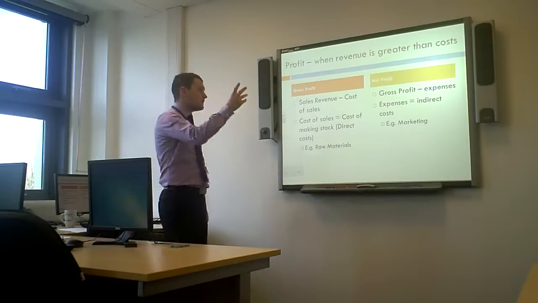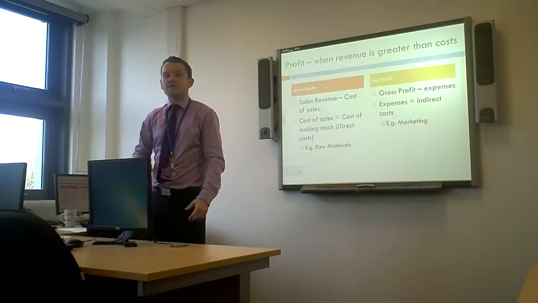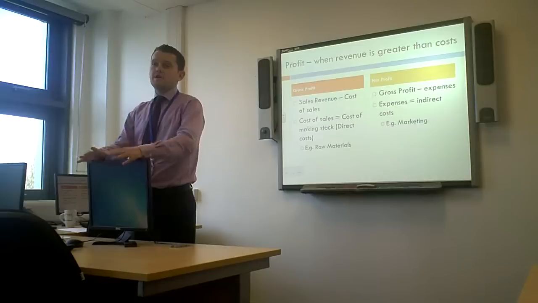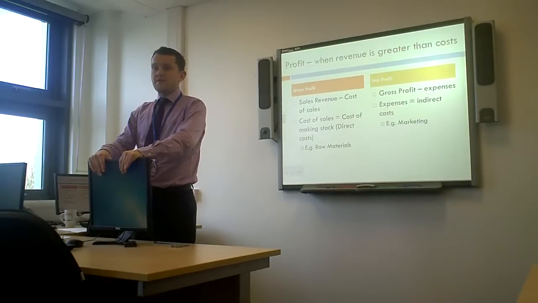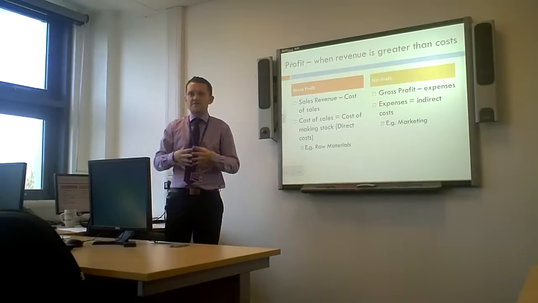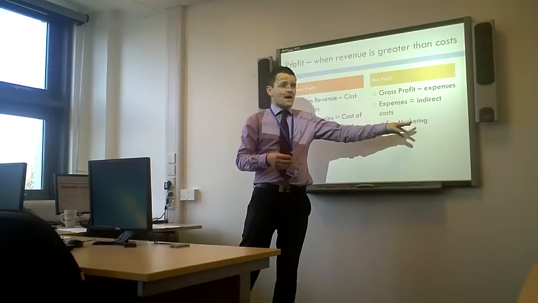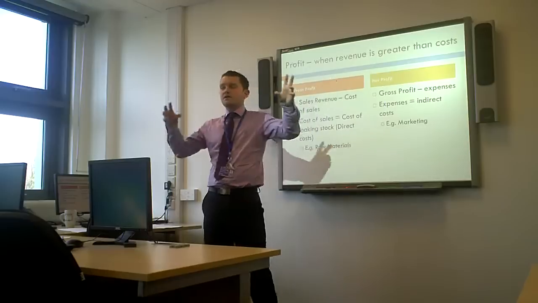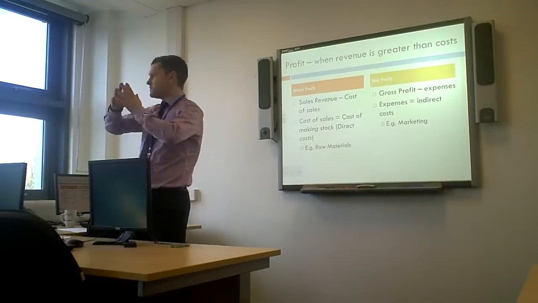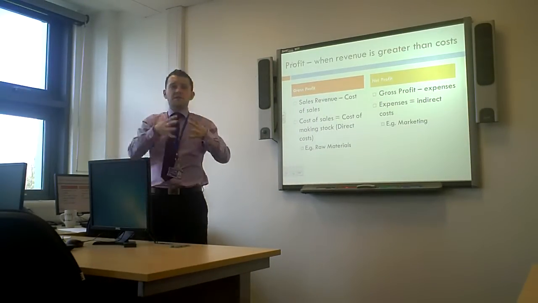However, this doesn't take into consideration your expenses. Your expenses are your indirect costs. And this is where, when you start to look at creating a budget for a company, it gets quite awkward. Because how do we know, say for example, we spend a certain amount on advertising, how do we incorporate that into the selling price of a product?